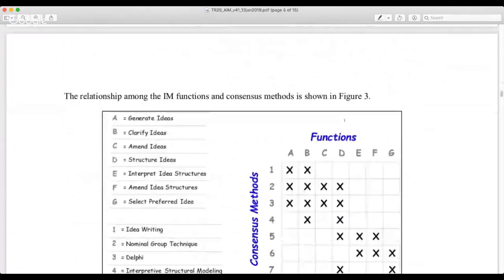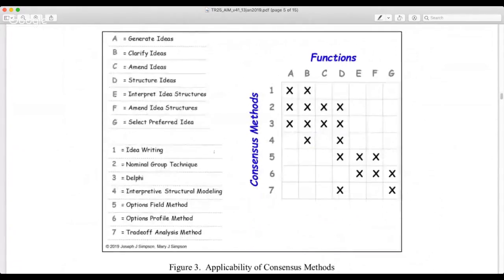The chart kind of shows the functions and the consensus methods. You can see 4, which is the interpretive structural modeling, right here in the middle. So you start with ideas in number 1, and we have an output of the selected design solution.